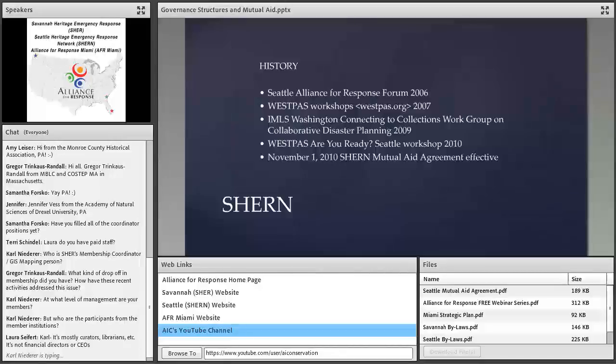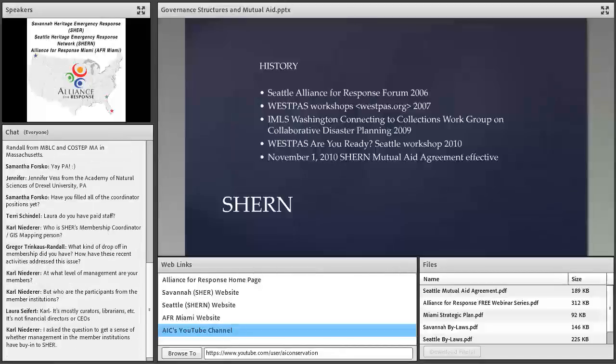And there are between 80 to 100 institutions in Washington alone that have participated in Washington workshops and developed at least a basic disaster plan. And WESTPAS is sort of a virtual preservation center organized by 6 preservation librarians and funded by NEH, and we're in our 10th year.